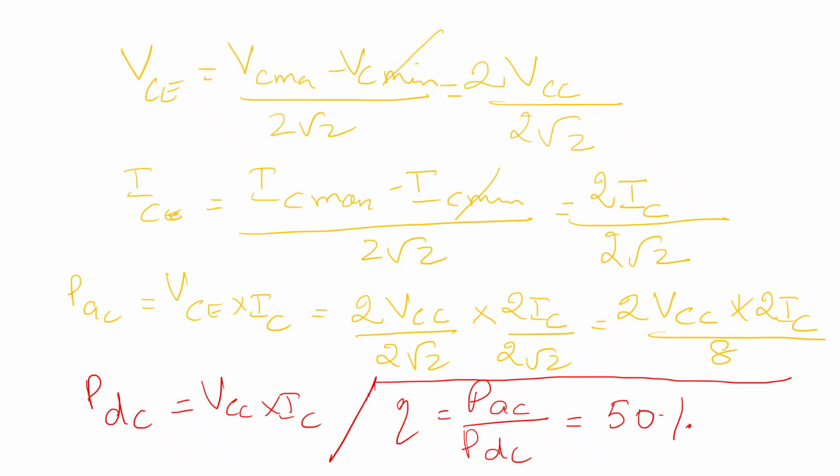There are two types of class A amplifier: direct coupled and transformer coupled. In the direct coupled class A amplifier, we observed that the efficiency is only 25 percent, and in the transformer coupled amplifier the efficiency is 50 percent. Thus, this shows an improvement in efficiency with a transformer.